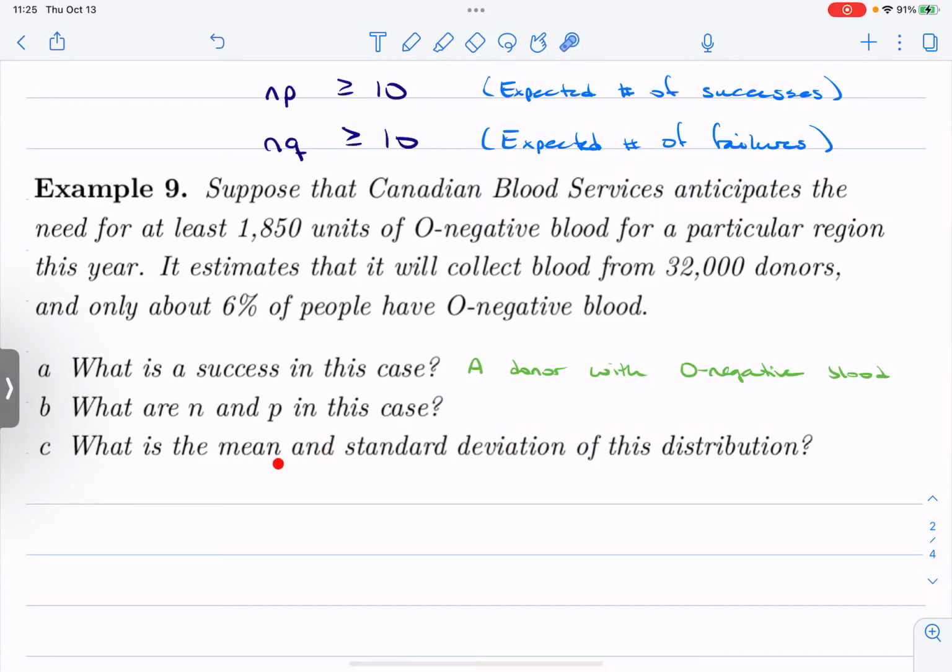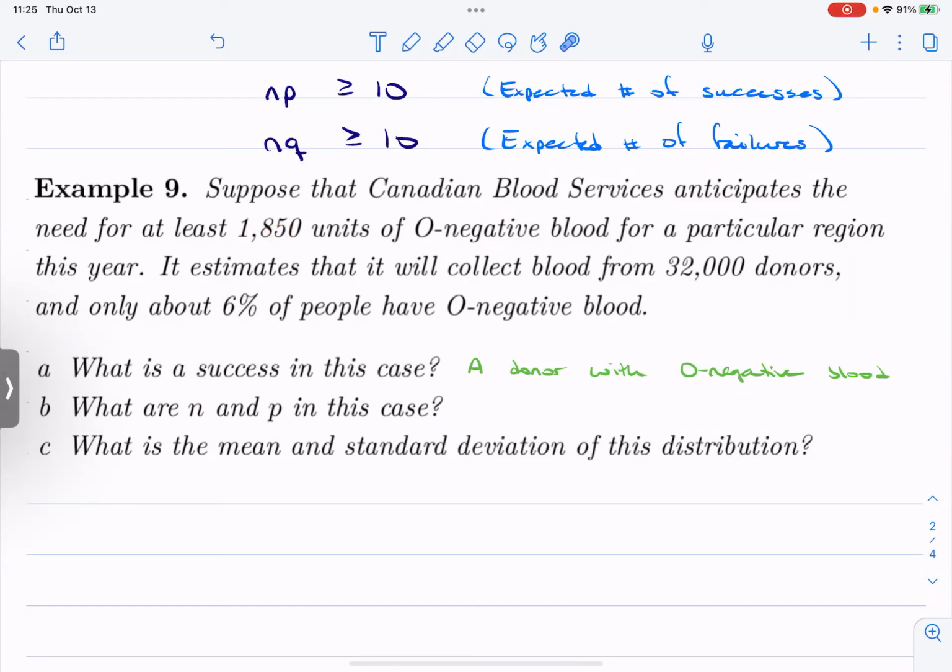What are N and P in this case? N gets a little tricky, right? Because I have a number here and I have a number here. But what I want you to think about is N is the number of times that I tried to get a success. So N is going to be this overall number of donors. Then the value that I want to find a probability associated with later is this 1,850.